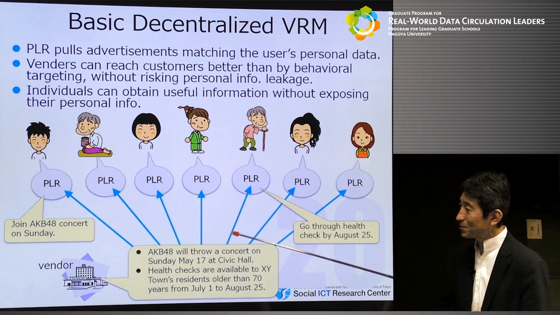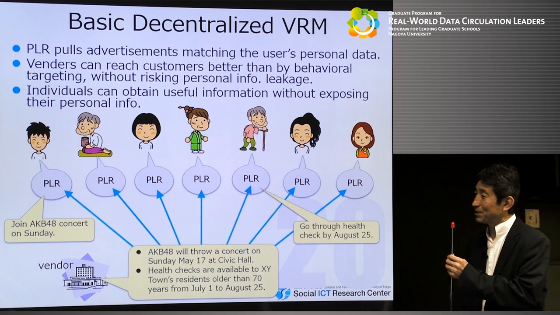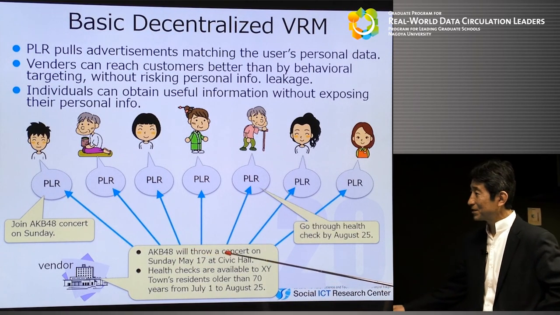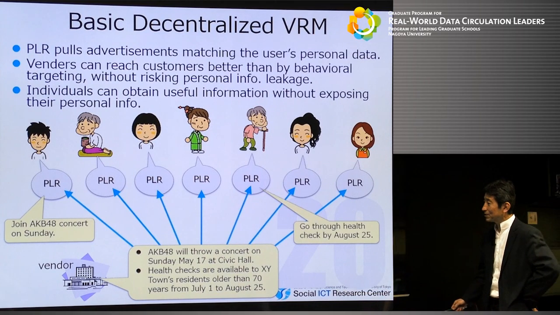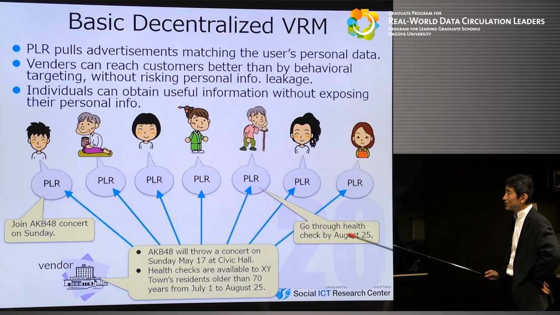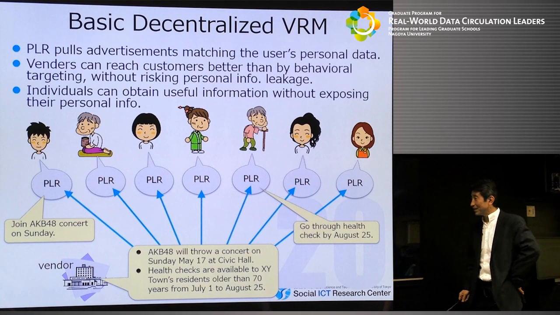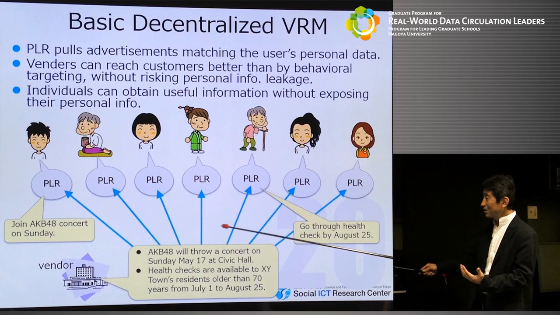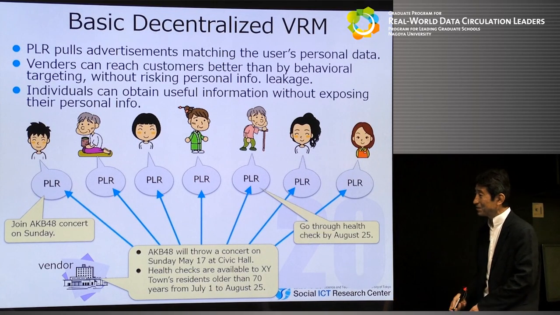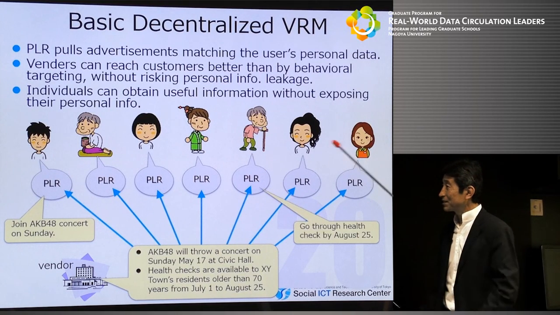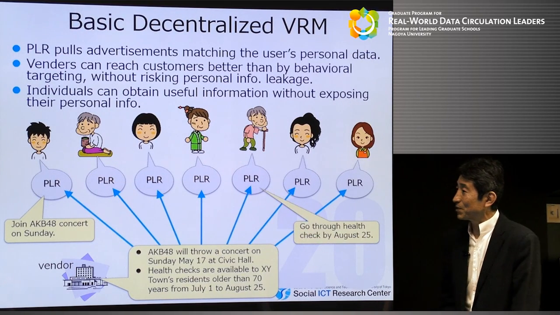In this case, we suppose this vendor is a city office or something like that. So vendors would disclose these pieces of information in public. And the customers or individuals would delegate the search over these different pieces of advertisement information using each individual's personal data.